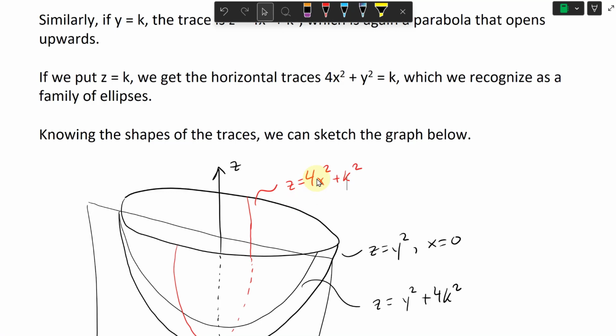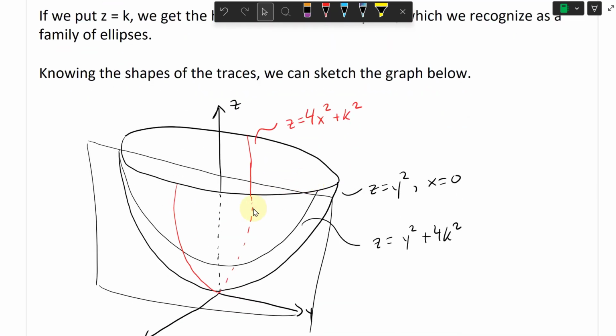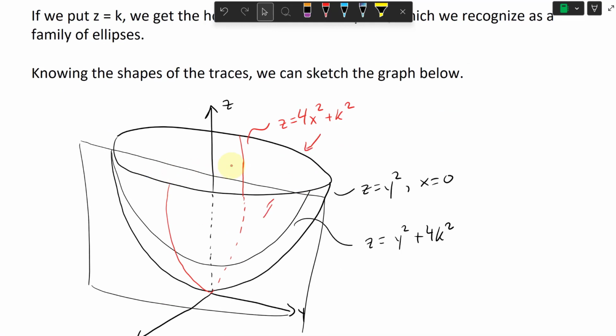That 4 indicates that it's not just going up vertically in the parabola, but it's also multiplied by 4, so it's going up at a faster rate. It's the parabola x squared times 4. In other words, it's going to go vertically up and be more shrunken inwards like that.